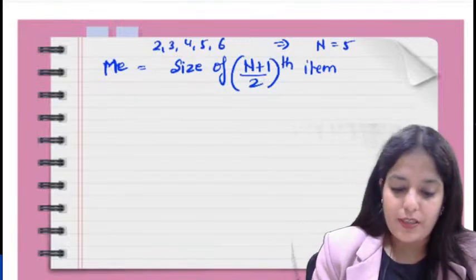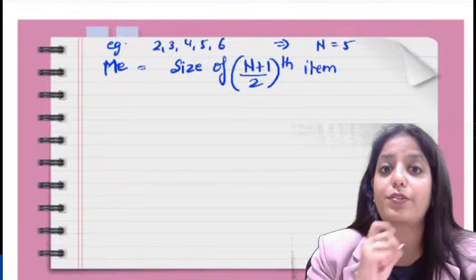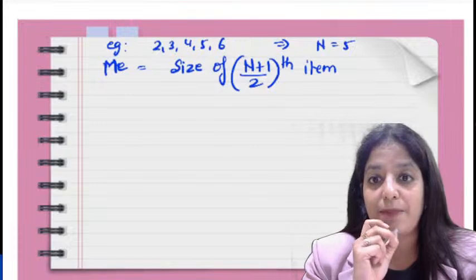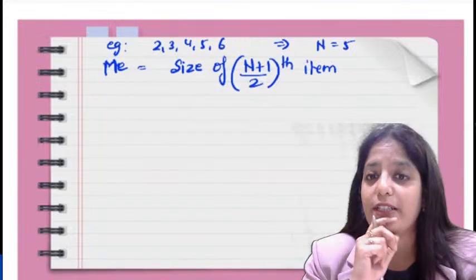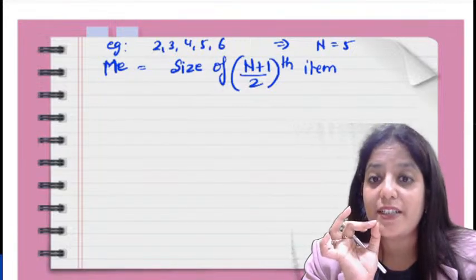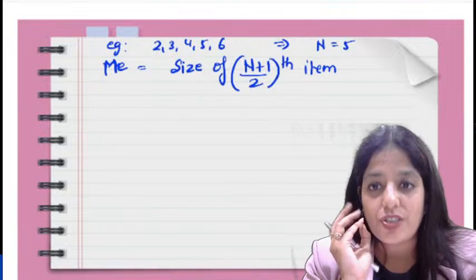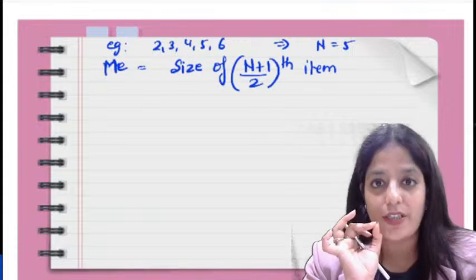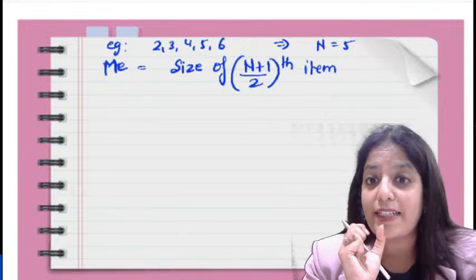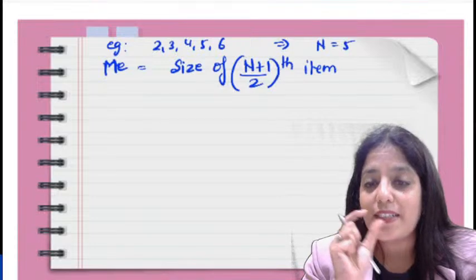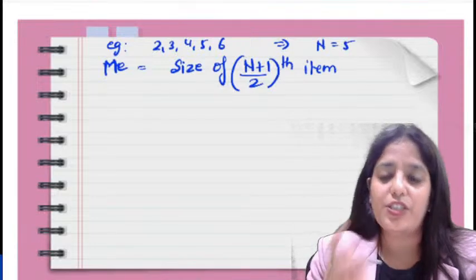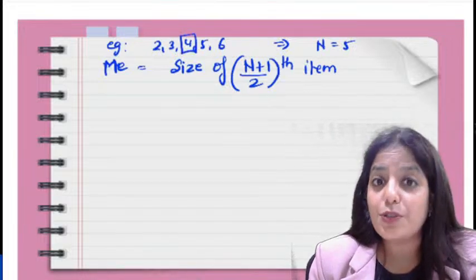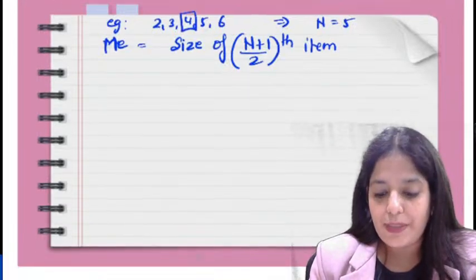If I explain by the logical approach, median is nothing but the middlemost item in the data when arranged in a particular order. So just observe the data and tell me which number is sitting exactly at the middle position. At the middle position we have 4. So without using any formula, I can tell you the median is 4.